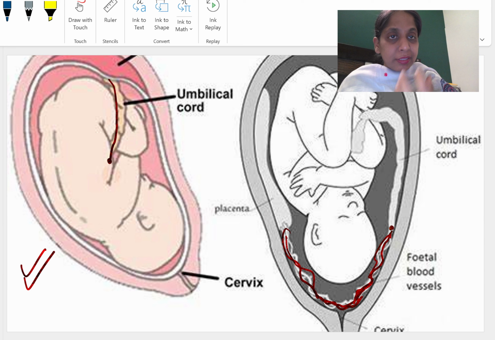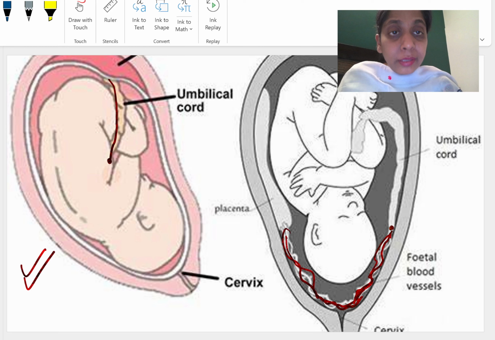Okay, so what is vasa previa? I'm not talking about cord previa. When we say placenta previa, it means the placenta is in the lower uterine segment. Now when we say vasa previa, it means vessels are in the lower uterine segment.